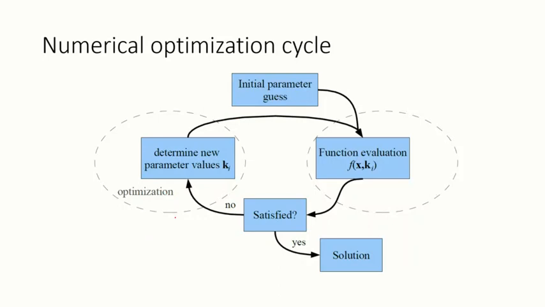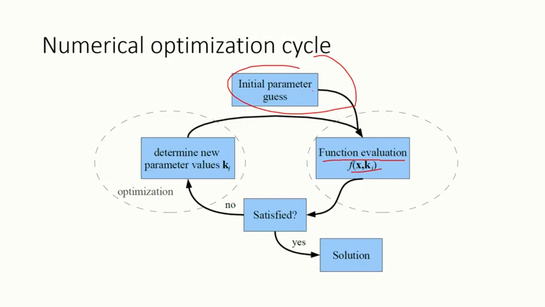So that's the procedure I just described. You start from an initial guess of the parameters, maybe just a random set, and then you compute the function, likelihood function or evaluation function or objective function, whatever you call it. Then you set up some cutoff, say, okay, if the likelihood function is good enough, I stop the search of the combinations of parameters.